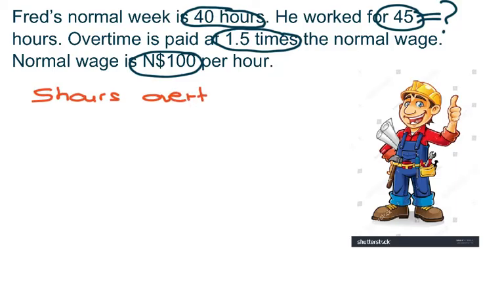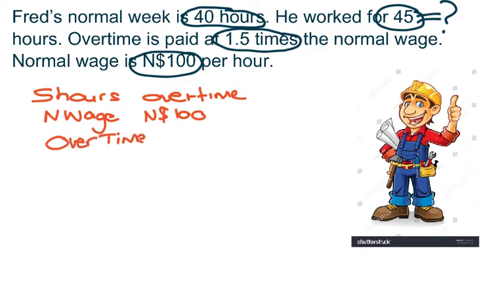And then how much will he receive for this 5 hours? The normal wage is $100 per hour, and overtime is then at 1.5 times. So I will write there $100 times 1.5 equals then $150.